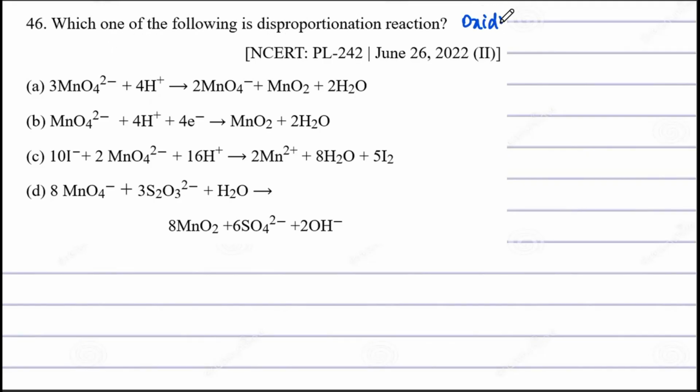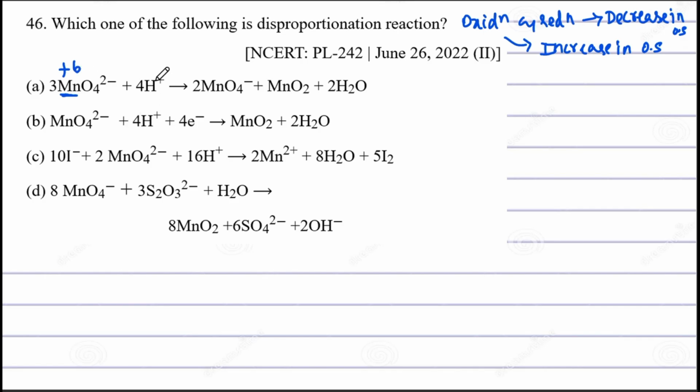Again, both oxidation and reduction should take place in the same element, the same species. How to identify oxidation? Oxidation is an increase in oxidation state, and reduction is a decrease in oxidation state. So let us see the four equations. The oxidation state of manganese in MnO4²⁻ is +6.